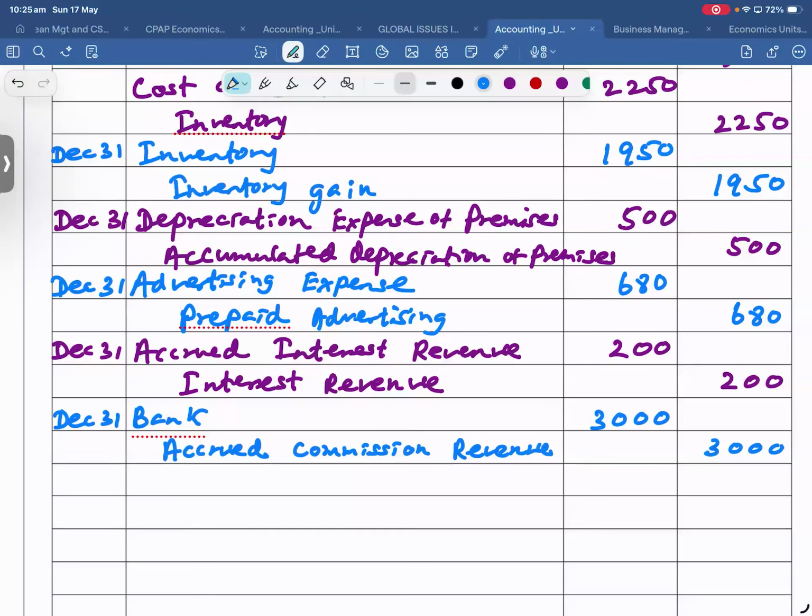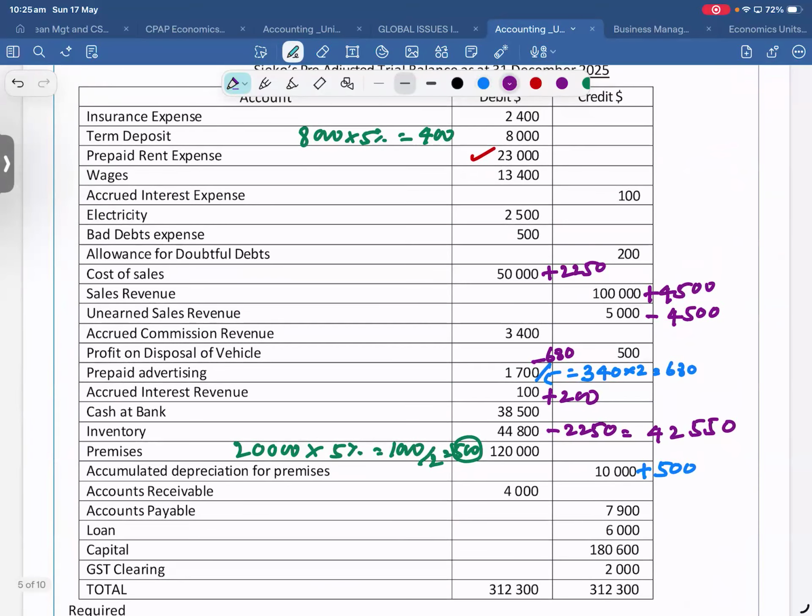It's like we are receiving money from the accounts receivable. Yes, you debit the bank, credit the accounts receivable. Then we have to update the bank. Where is bank? Cash at bank, you are adding 3,000. And then accrued commission, where is it? Yeah, here. Minus 3,000. Or maybe here.